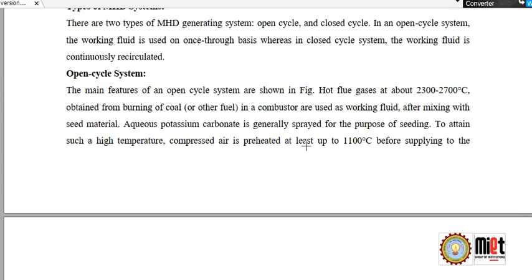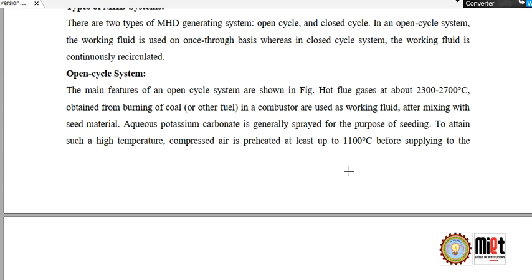And in these hot flue gases, aqueous potassium carbonate, which is basically a salt of potassium, is mixed or sprayed, and this process is called seeding. This is done to increase the conductivity of this working fluid.